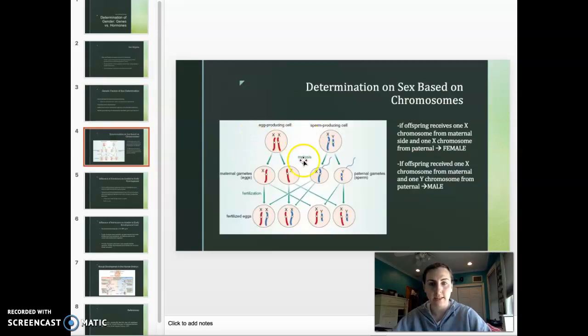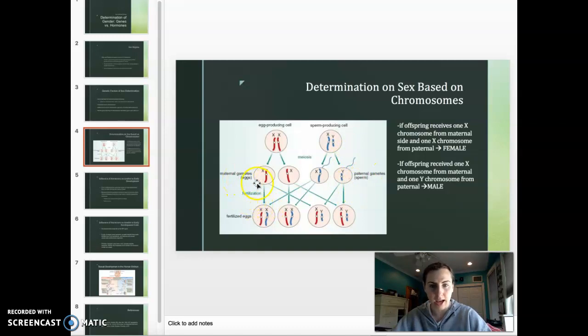Here is a diagram of the egg-producing cell, and we have the sperm-producing cell on the right-hand side. During meiosis, the egg-producing cell splits into maternal gametes, the eggs, each with one X chromosome. When the sperm-producing cell undergoes meiosis, we have one X chromosome and one Y chromosome, which are the paternal gametes, the sperm.